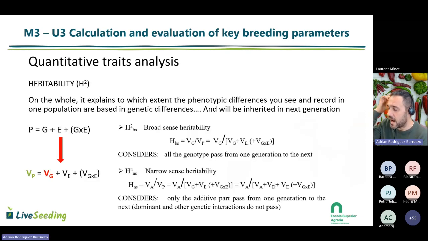Well, and now probably the most important trait in quantitative traits, which is heritability.